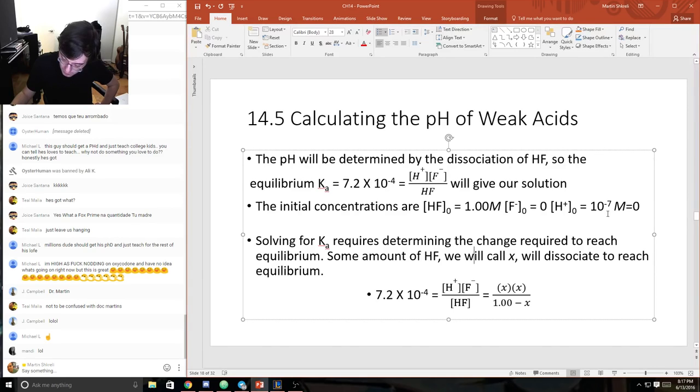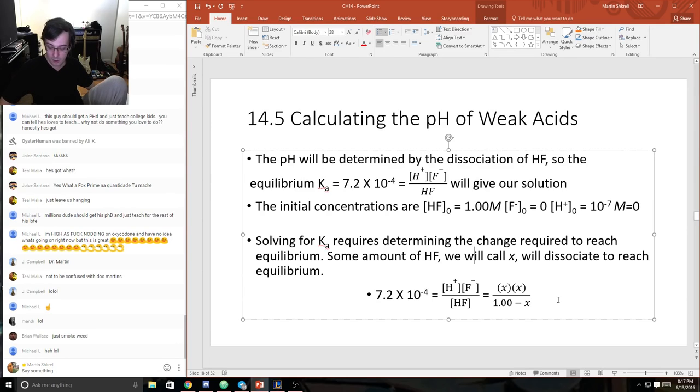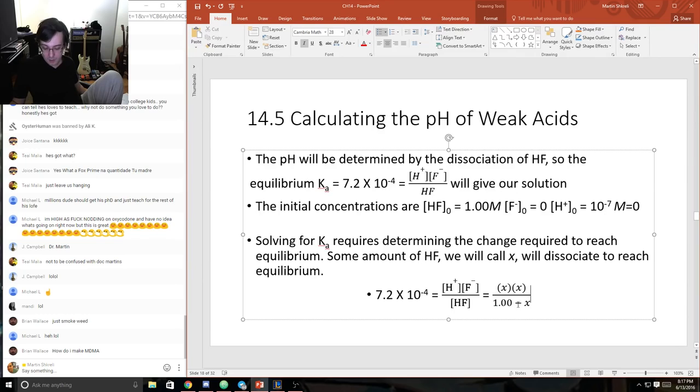So I'm going to use the value x, and that value x is going to be the change value. x is the change in concentration of hydrofluoric acid that we need to achieve equilibrium. So in essence, x will be how many ions will be at equilibrium. It'll be the same number, because it's a change that'll occur.